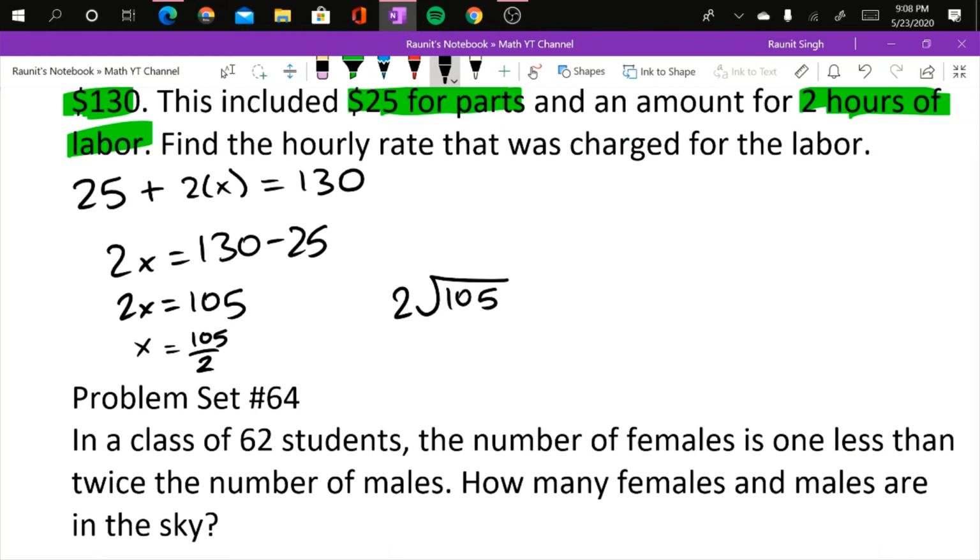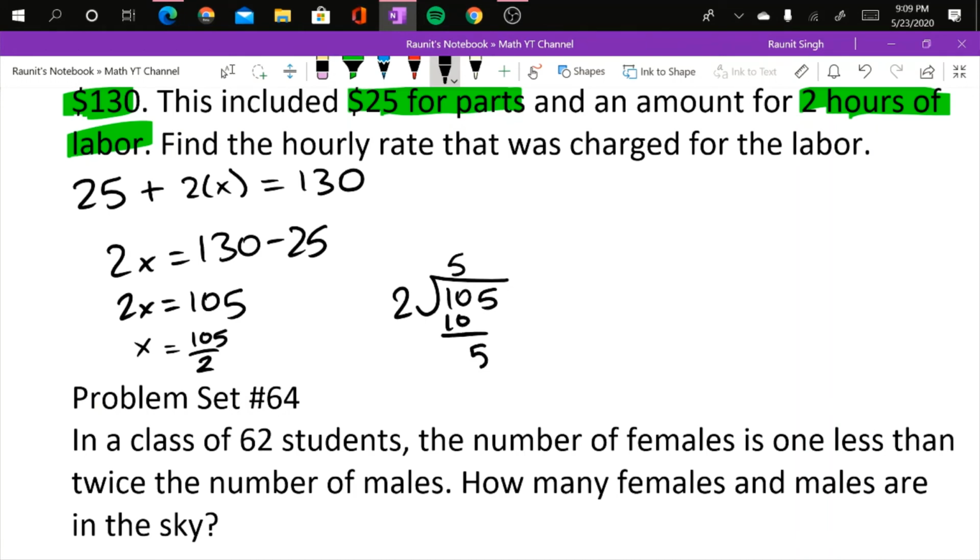Since 2 doesn't divide into 1, you move on to the next number, so we have 10. 10 divided by 2 is equal to 5.